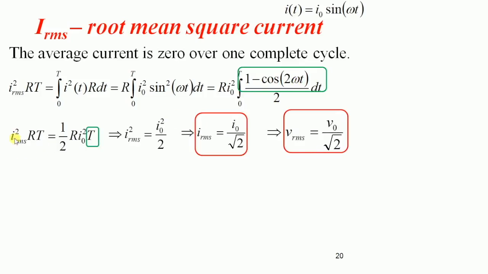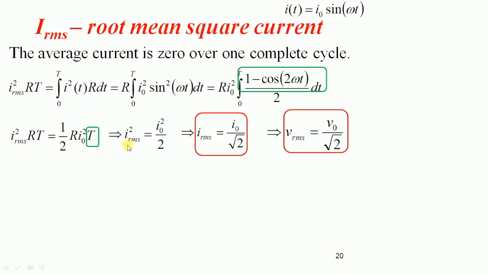Now, the left hand side I RMS square RT is equal to 1 by 2 R I0 square into this green bracketed equation. This is with a value capital T. Later on I'll tell you how that integration can be solved.